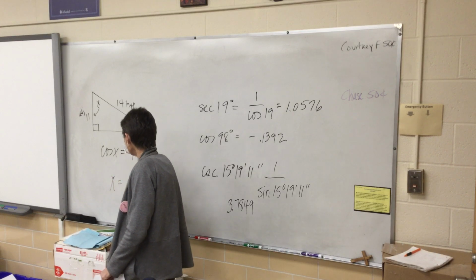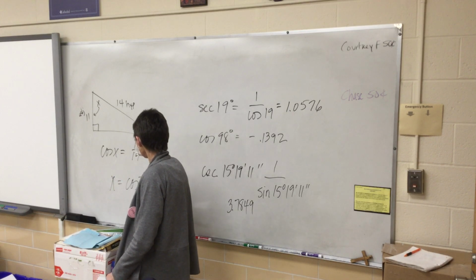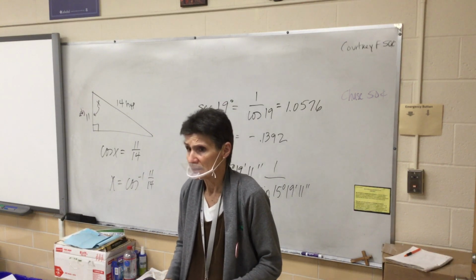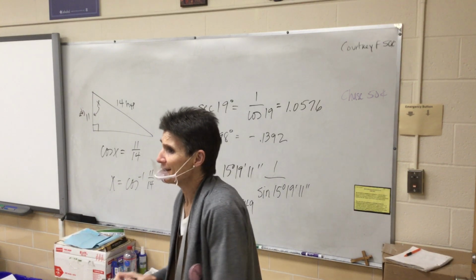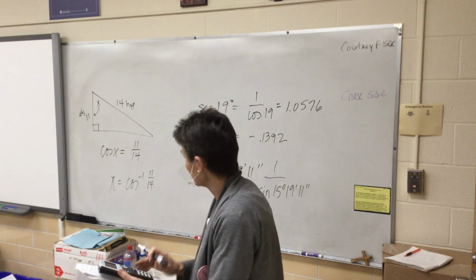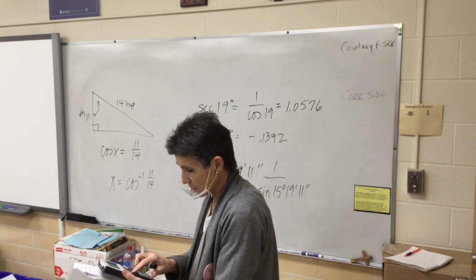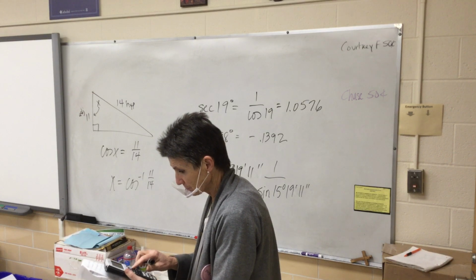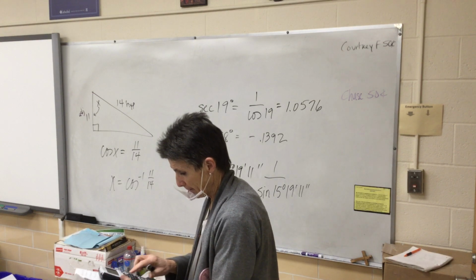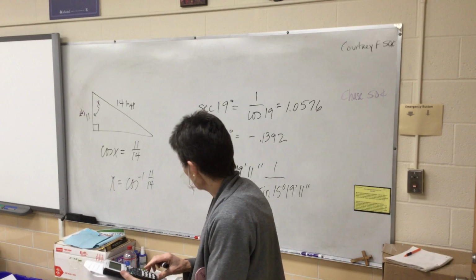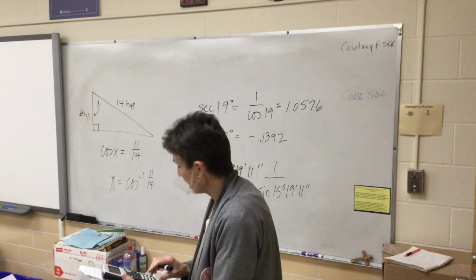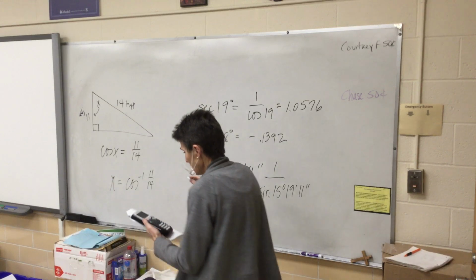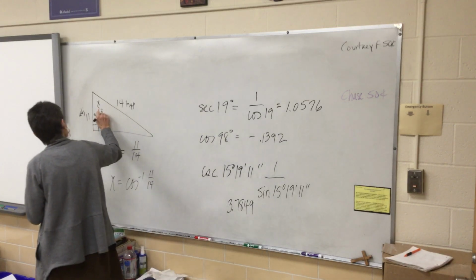This is where we do inverse cosine. The only way to break that x off of that cosine is to inverse it. So I'm going to change my calculator back to degrees, and then inverse cosine of 11 divided by 14 is 38.21.